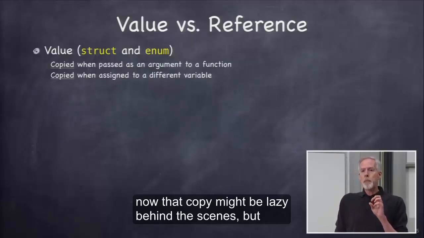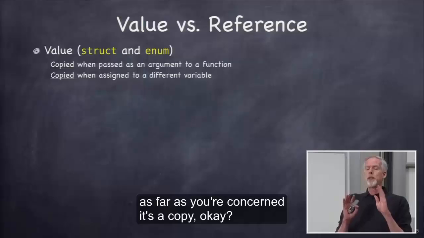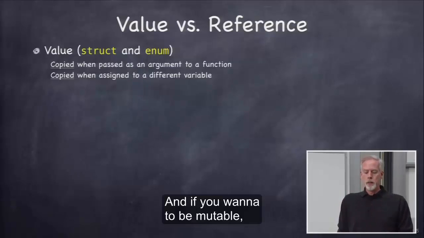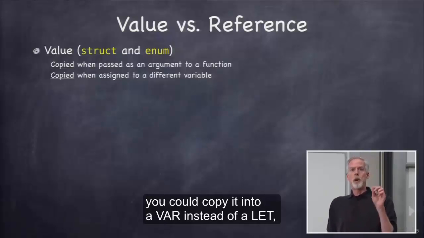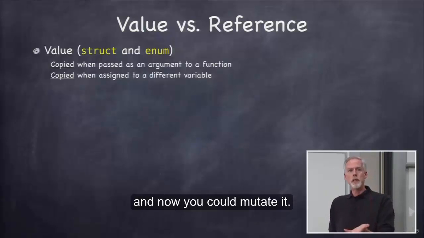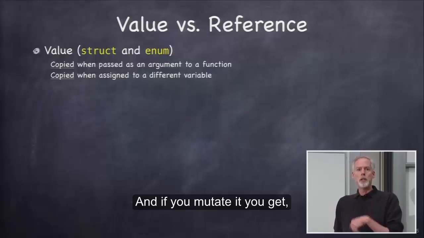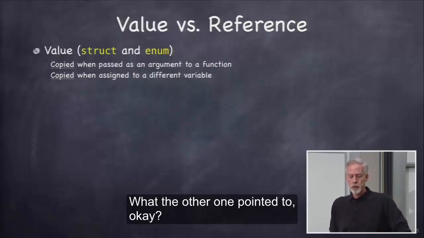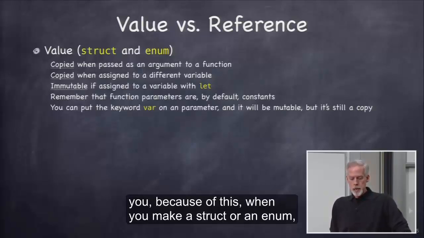Now, that copy might be lazy behind the scenes, but as far as you're concerned, it's a copy. And if you want it to be mutable, you could copy it into a var instead of a let, and now you could mutate it. And if you mutate it, you're mutating your own copy. You're not mutating what the other one pointed to.